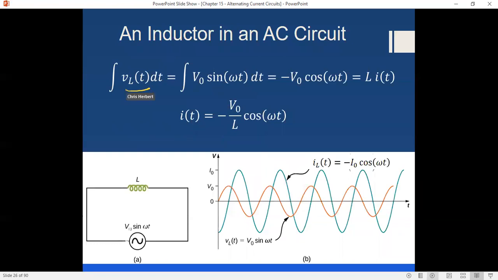If I plug in V0 sine omega t and take the antiderivative, the antiderivative of sine is negative cosine. So negative V0 cosine omega t equals L times I, so I is equal to this.